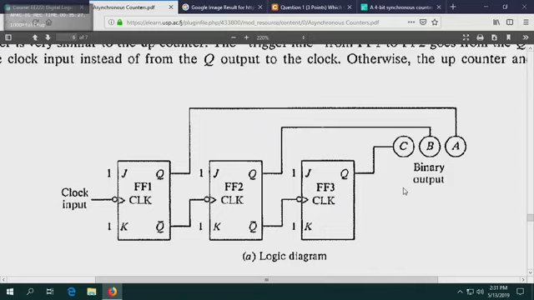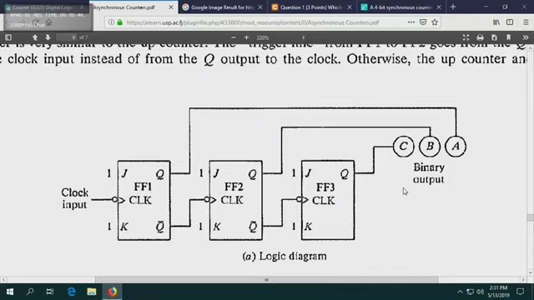This is a new type, same circuit. It's still a ripple counter, I'll give you that. We're still using JK flip-flops. It's a 3-bit system. So what is different? Observe and tell me.